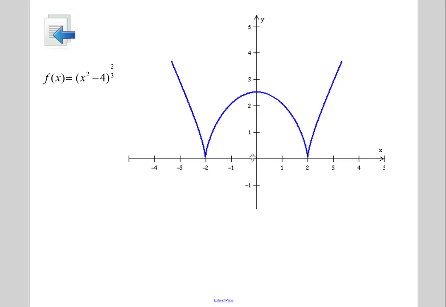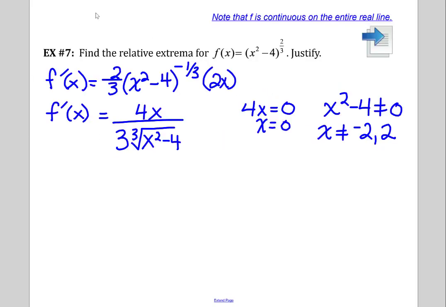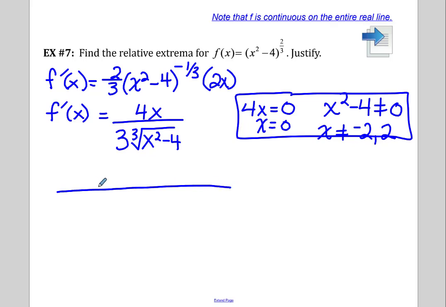So we've got a cusp at -2 and +2, and a 0 tangent line at 0. You see how that works? So if we set up a test strip, these are my critical numbers over here, 3 critical numbers. So we're going to set up a test strip and divide it up with -2, 0, and +2.